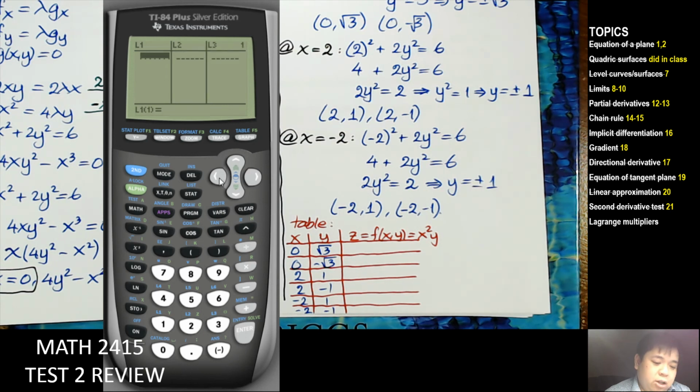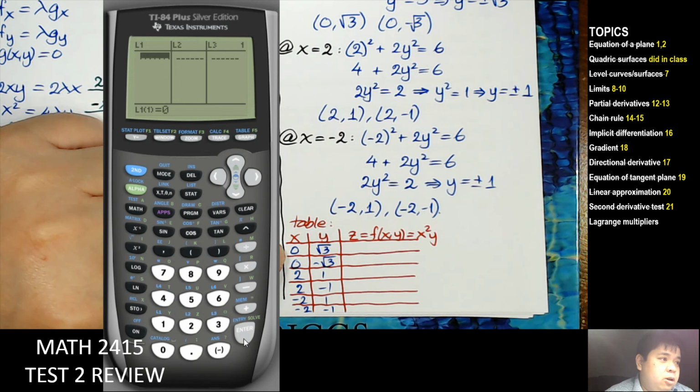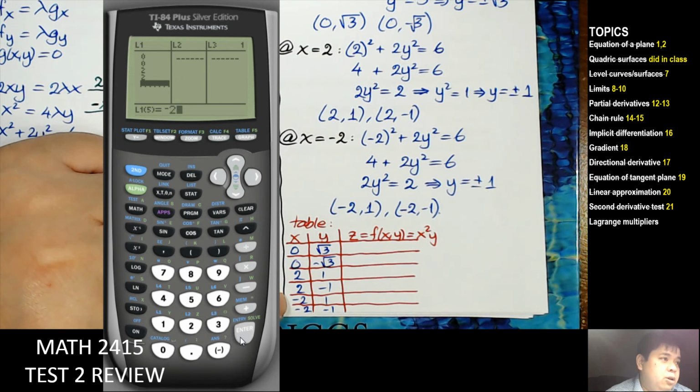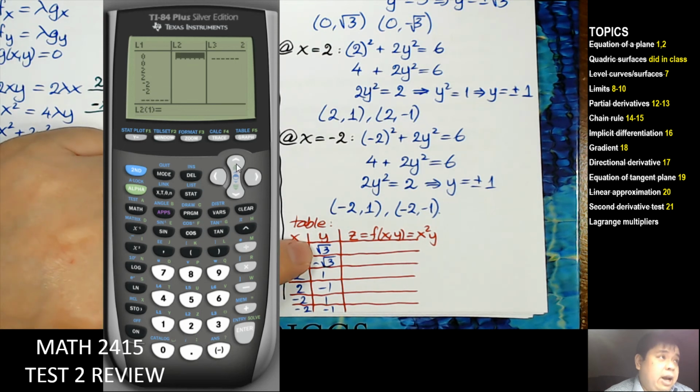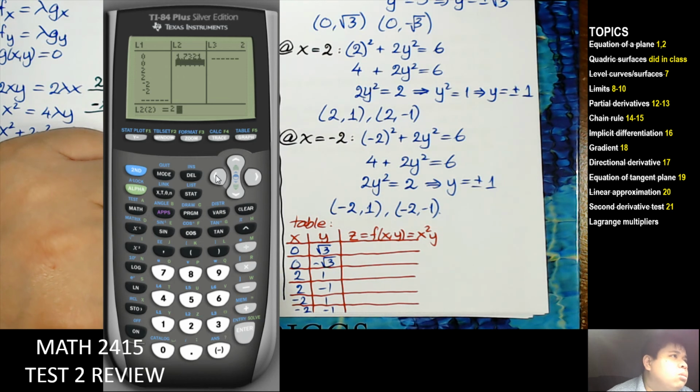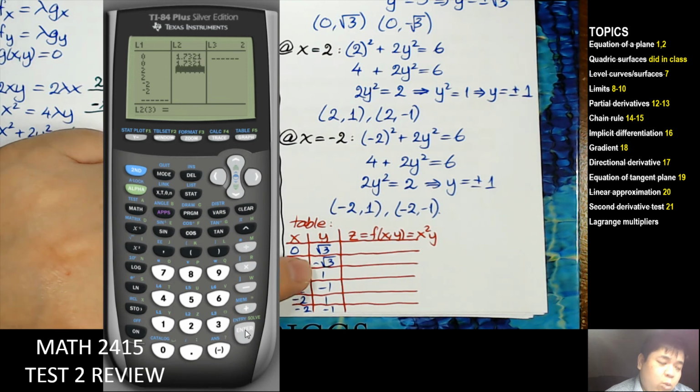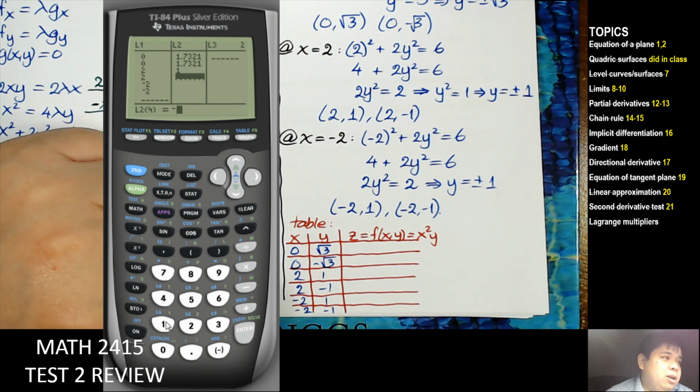Right. The numbers 0, 0, 2, 2, -2, -2, and square root of 3, square root of 3, sorry, 1 and -1, 1, -1, 1, -1.